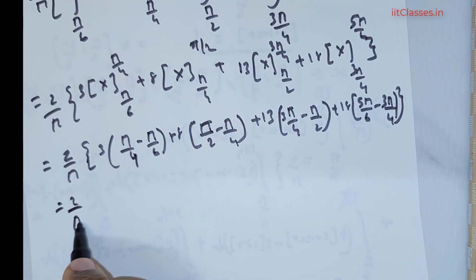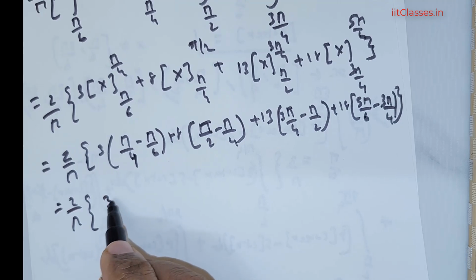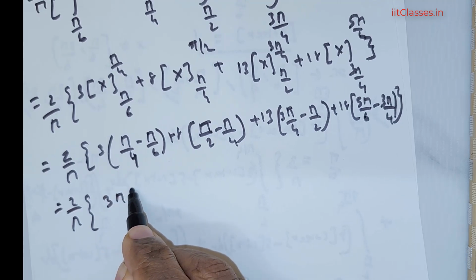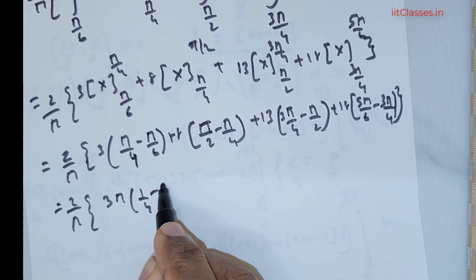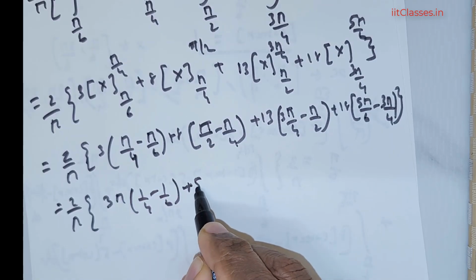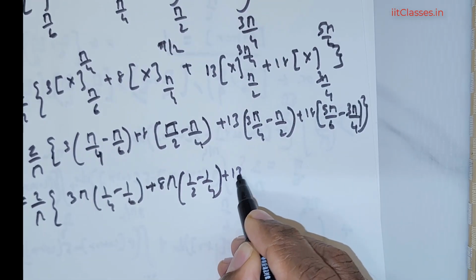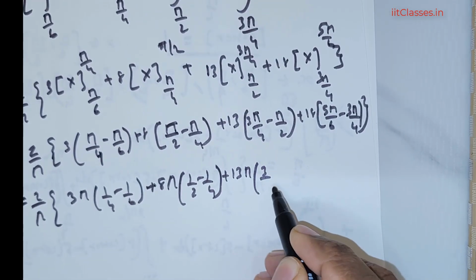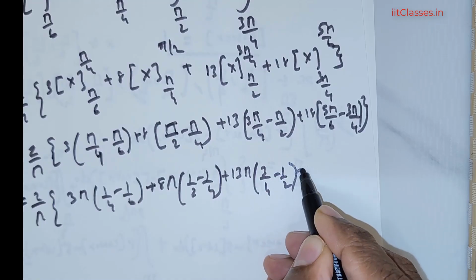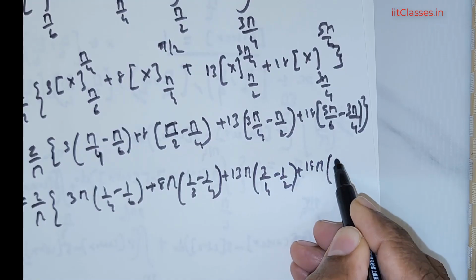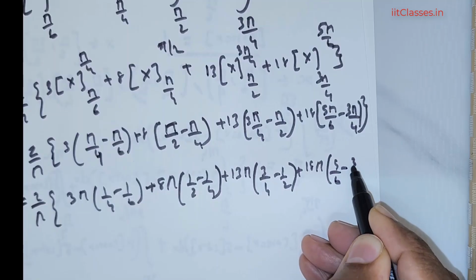So this is equal to 2 over pi. I take pi out. So this is going to be 1 over 4 negative 1 over 6, 1 over 2 negative 1 over 4, 3 over 4 negative 1 over 2, 5 over 6 negative 3 over 4.